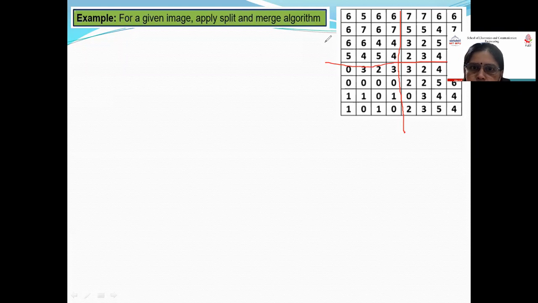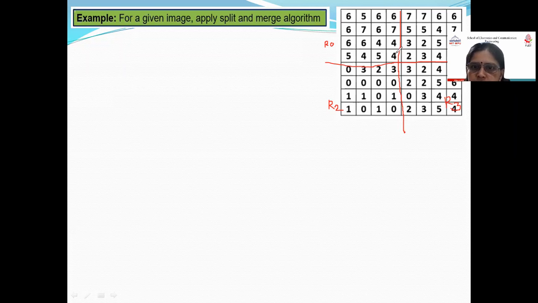So this is your R0, then this is R1, R2 and R3. Now again we check the difference between the minimum value and the maximum value.